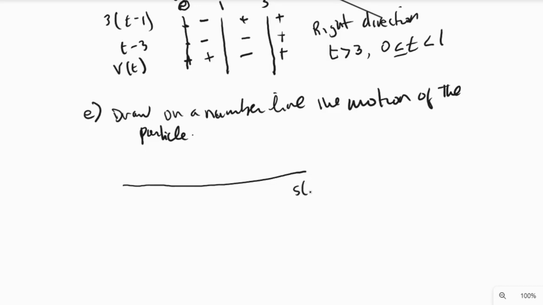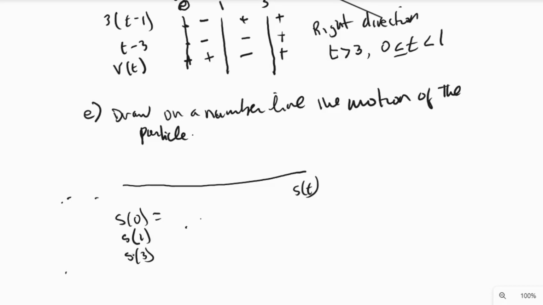We have to find first S at 0, S at 1, S at 3. We calculate those.